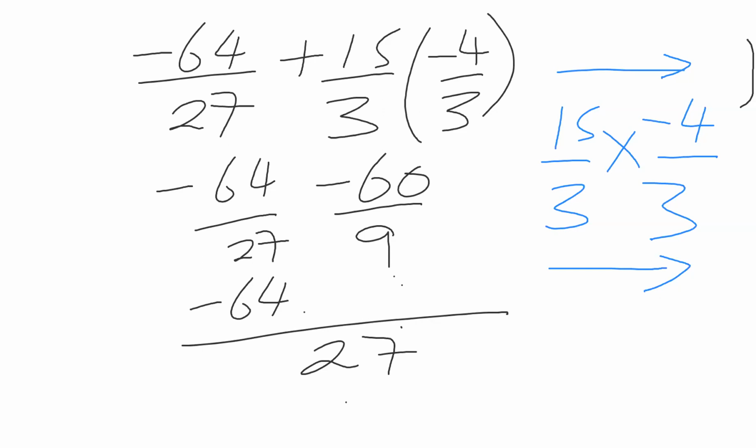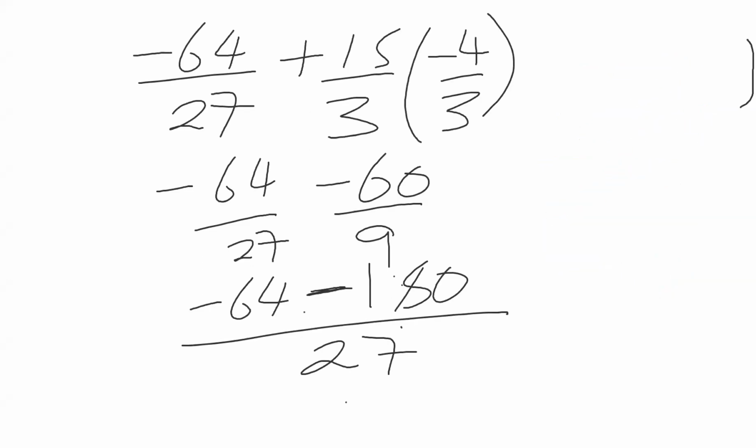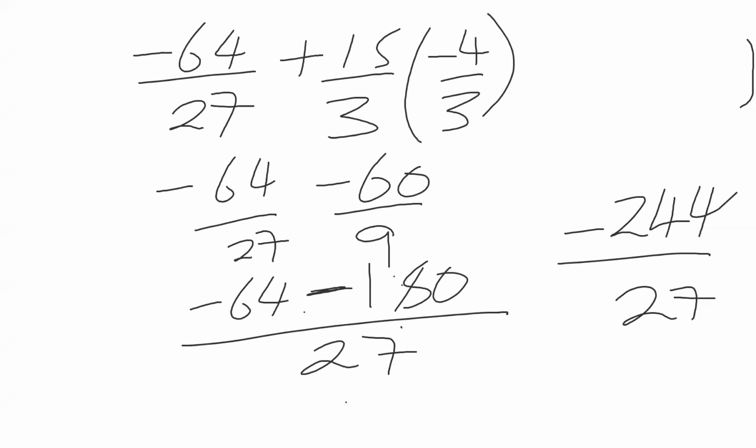Yes, I got it, sir. Okay, thank you. Then 9 into 27 is 3. 3 times 60 is 180. Negative 64 minus 180 is negative 244 over 27.